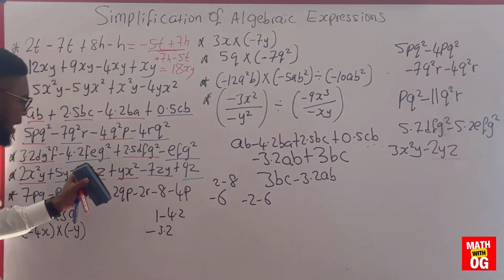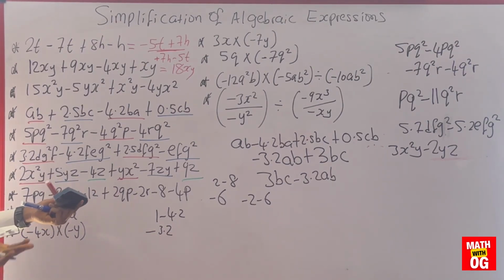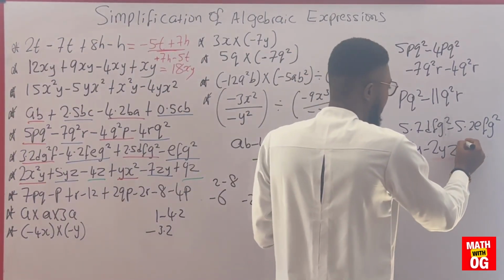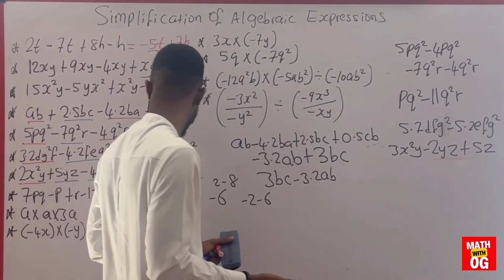Then we have minus 4Z plus 9Z. Minus 4 plus 9 is the same thing as 9 minus 4, which gives us a positive 5Z. So that's the answer to the question.